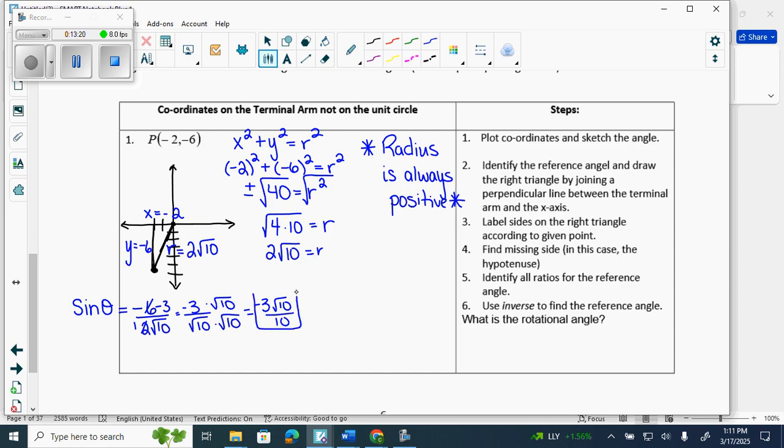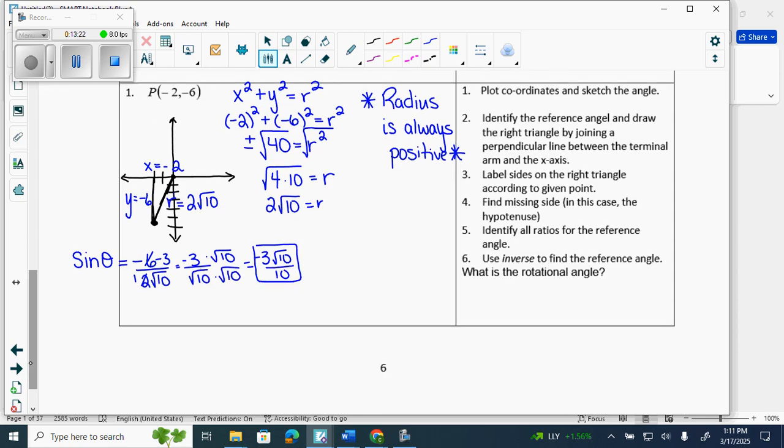So that's sine theta. Let's do its bestie, cosecant. So if sine is your resume, cosecant is resume your. It flips. So this one is your resume. This one is resume your. Just helping myself off to the side over here, right?